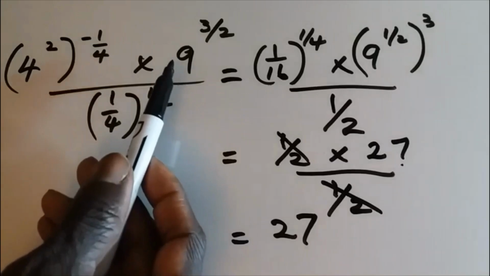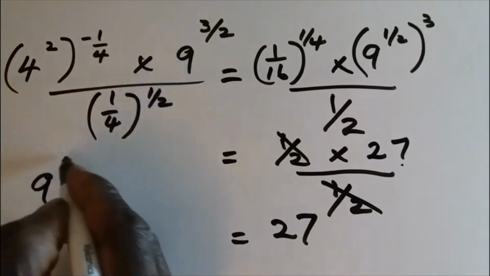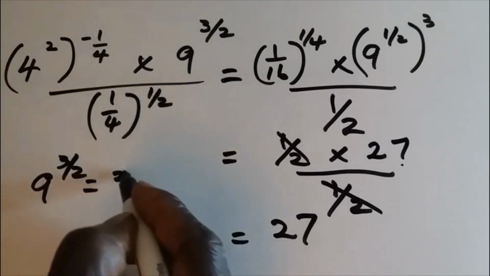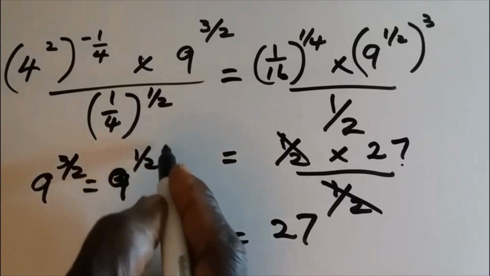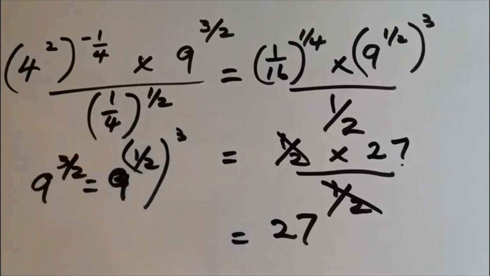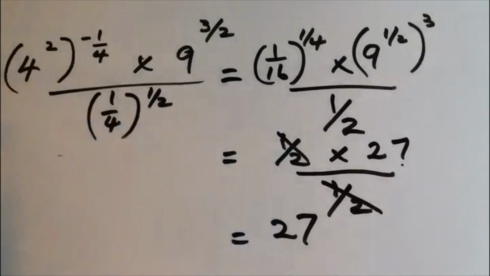Here we separate 9 to 3 over 2 as 9 to the half, and then that's cubed. Making it a lot easier to evaluate, and in the denominator we're taking the square root of a quarter.